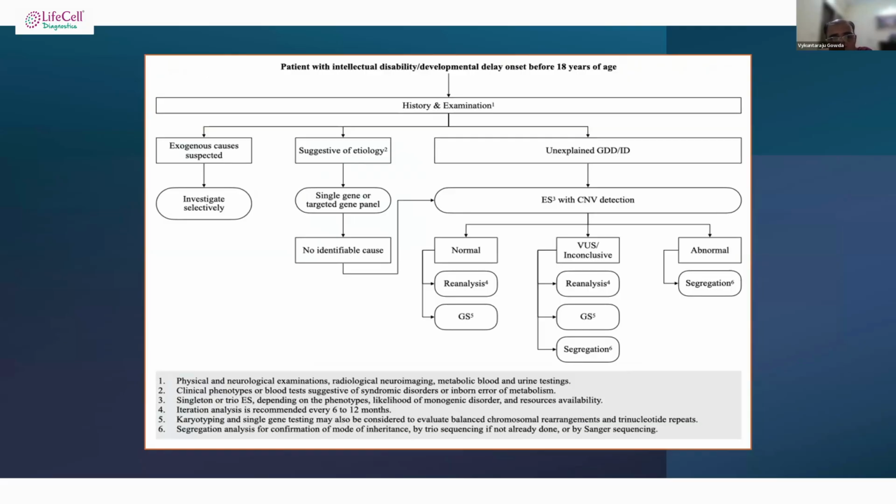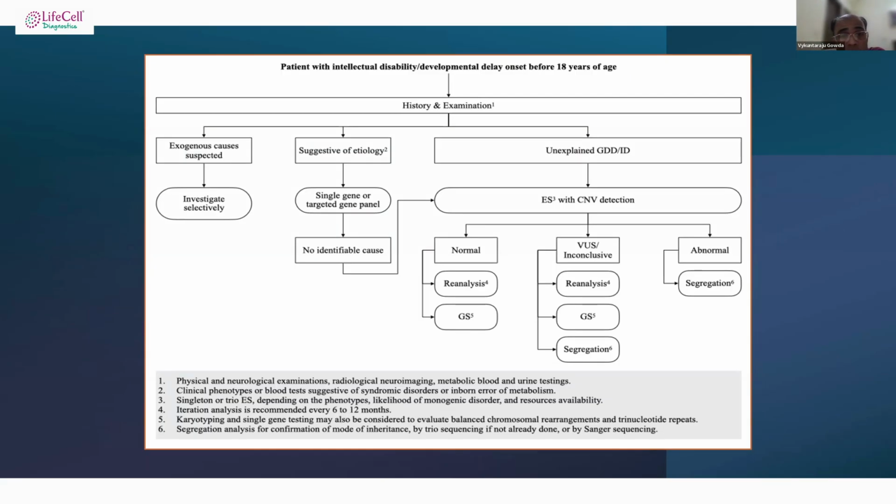After ruling out acquired causes, you should phenotype the child: whether there is only global developmental delay or motor delay, or features of autism, or dysmorphic features suggestive of Down syndrome, Williams syndrome or Prader-Willi syndrome.